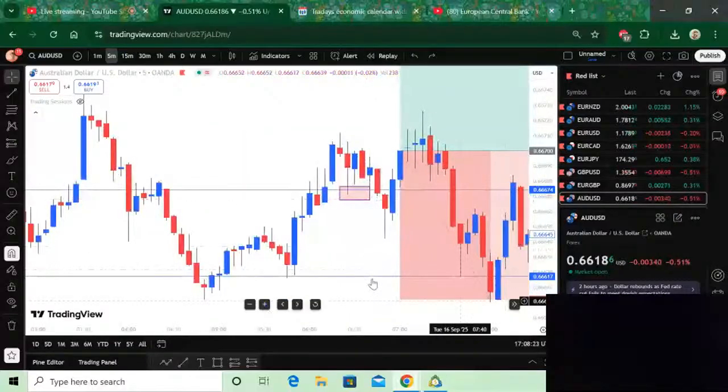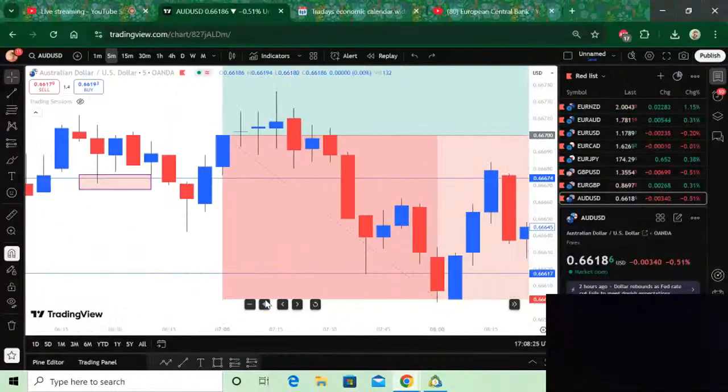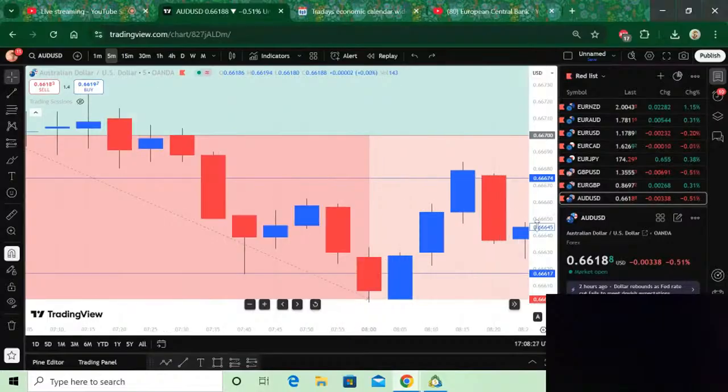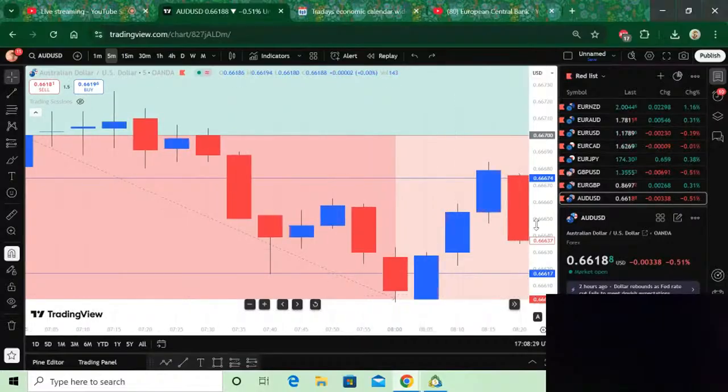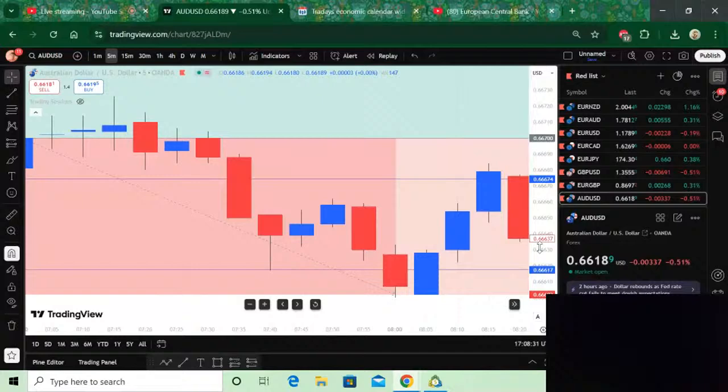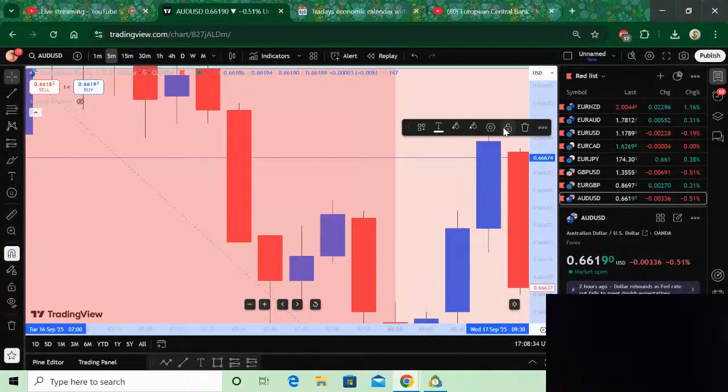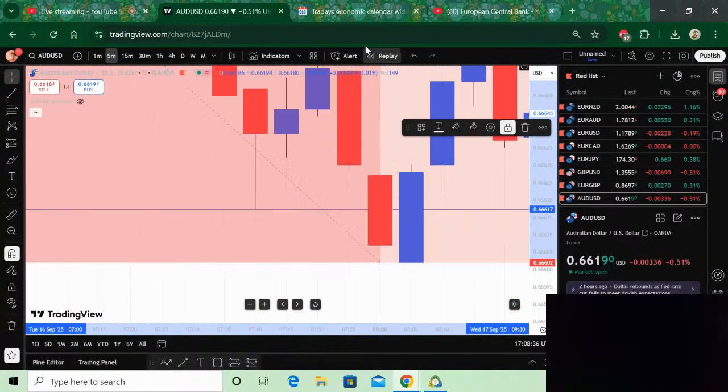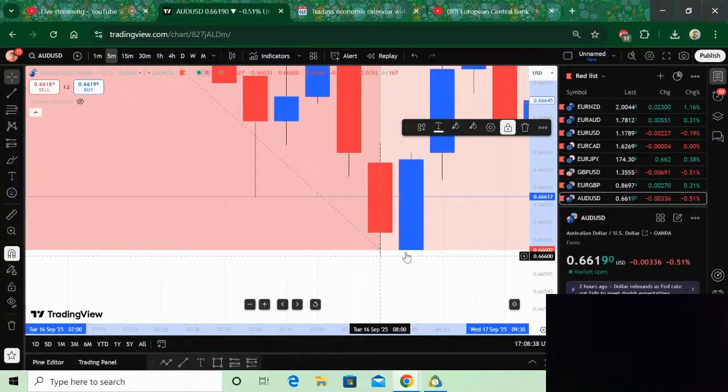So just by this very candle wick, the smallest of candle wicks here, this very thing here, I don't know if you guys can see it, was what hit our stop loss for AUD.